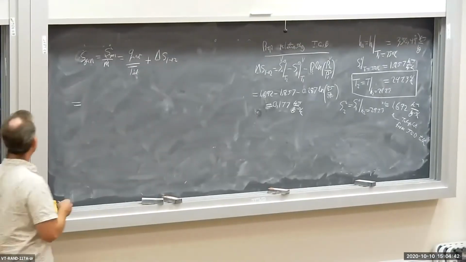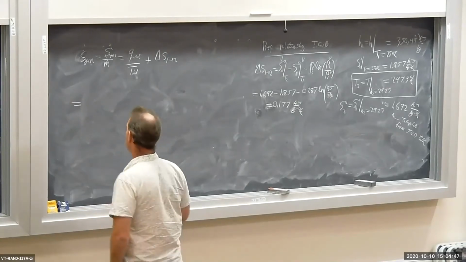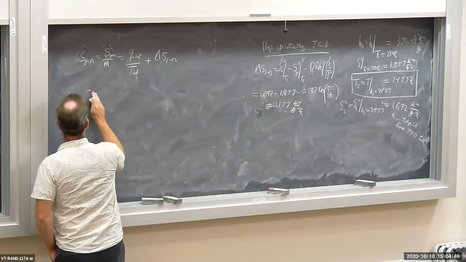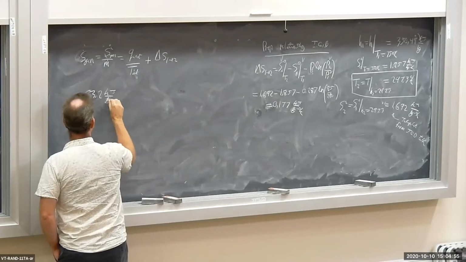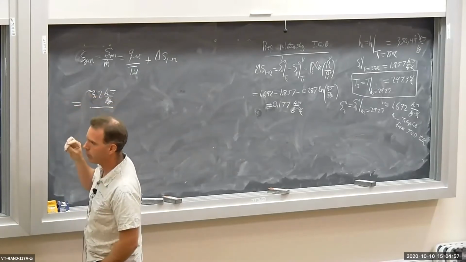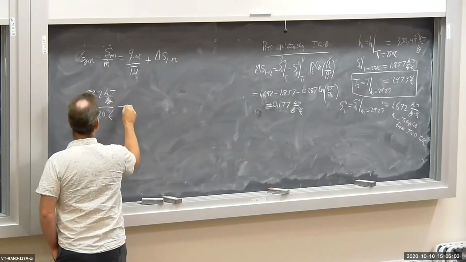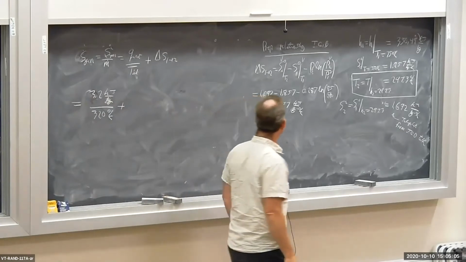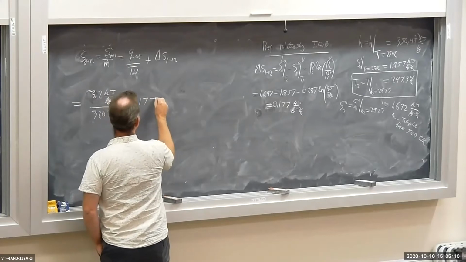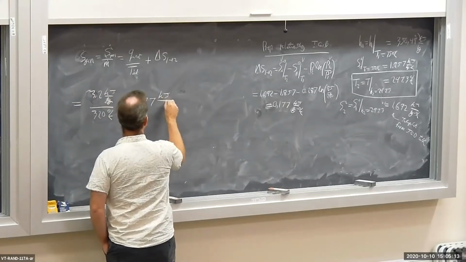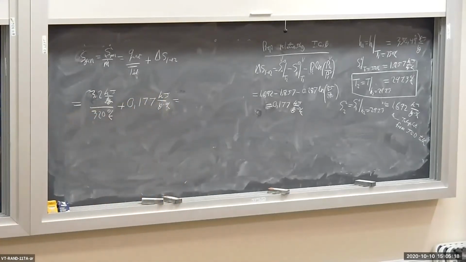That's how hot it is where the heat's being transferred at the outside of my nozzle. So 3.2 kilojoule per kilogram divided by 320 Kelvin, plus delta s from 1 to 2, which is 0.177 kilojoules per kilogram degree Kelvin. All the units are the same. That looks good.